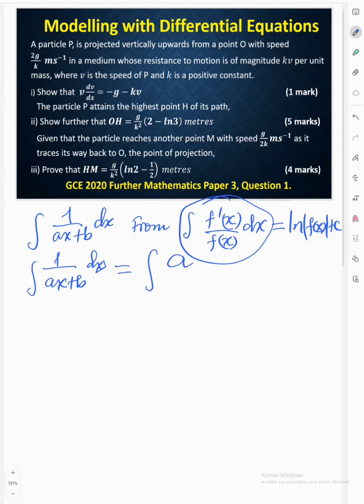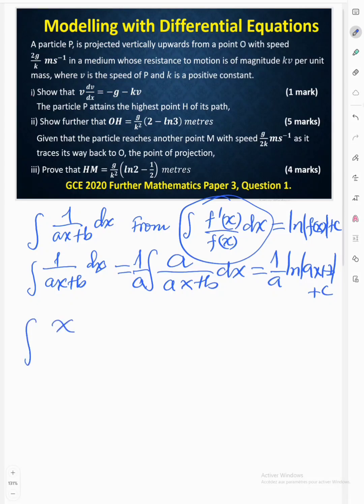So I multiply the numerator by a, then I have ax plus b at the denominator, and then I compensate with 1 over a so that the a that is multiplied is neutralized. So now we have 1 over a ln of the denominator as the integral plus the constant of integration. We also have the situation where you might have x all over ax plus b.